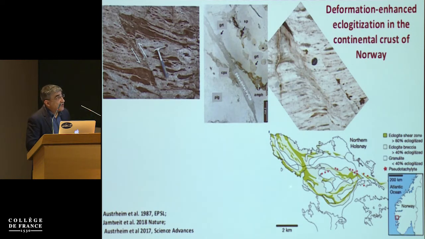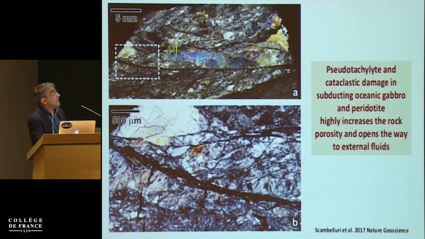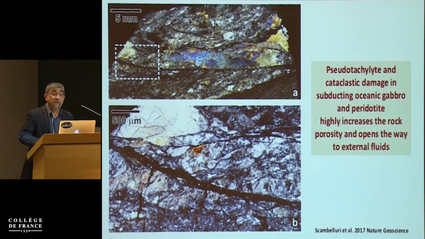These pseudotachylite findings could be the precursors for these large ductile shear zones developed under eclogite-facies conditions. So what happened in the continental crust may also explain many things related to the deformation of the oceanic lithosphere during subduction.